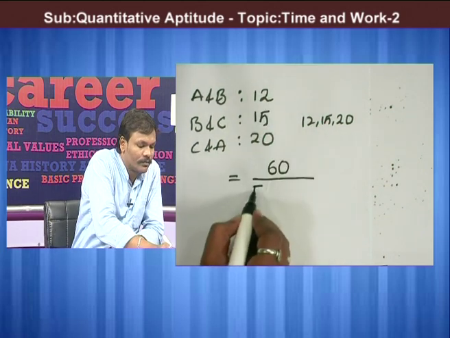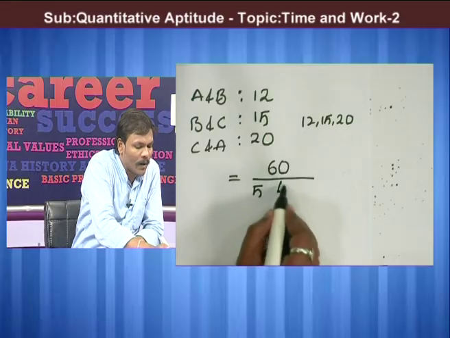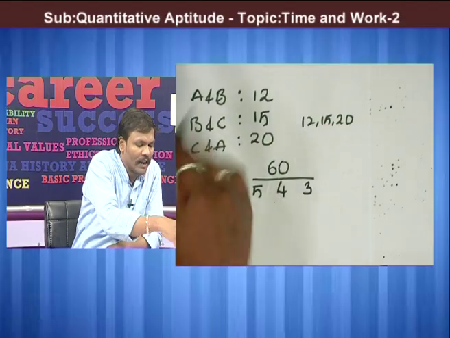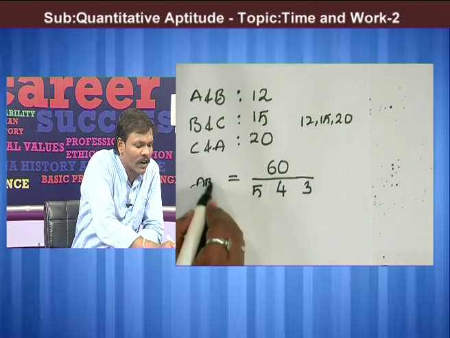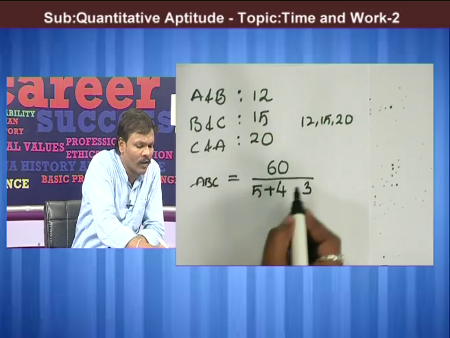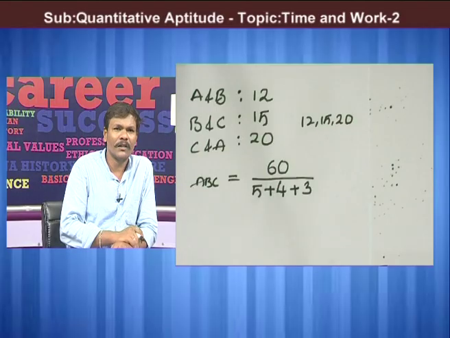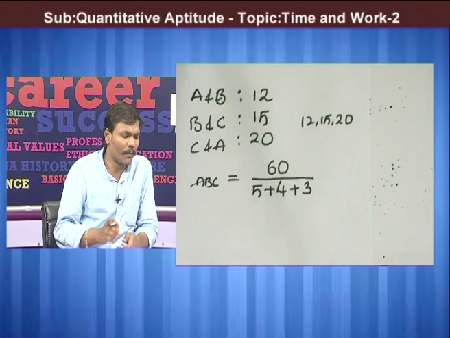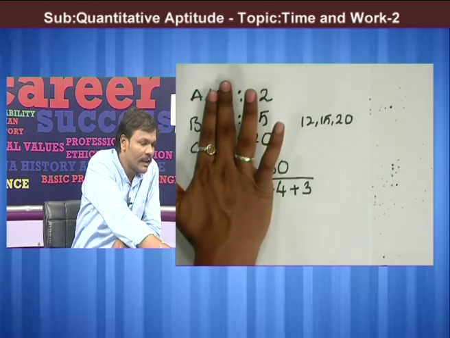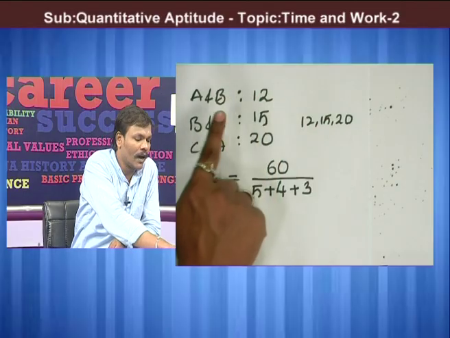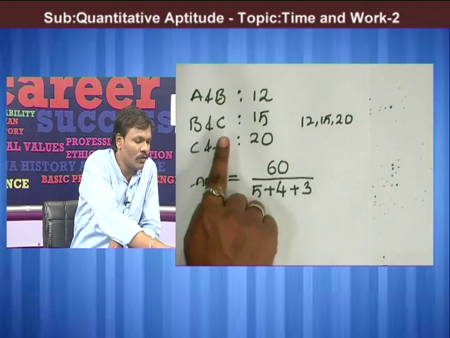12 is 5 units, 15 is 4 units, 20 is 3 units. A, B, C all together working, that means all are involved in the work, so it is plus. But what is the difference from the previous model? In the previous model we had A only, B only, C only.